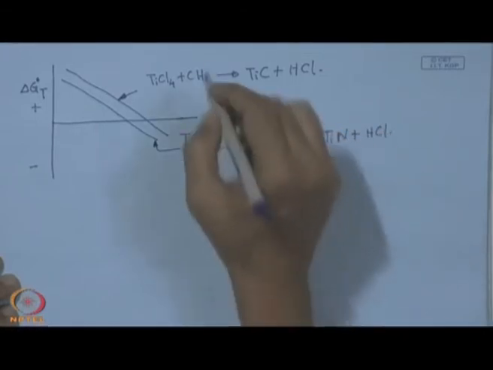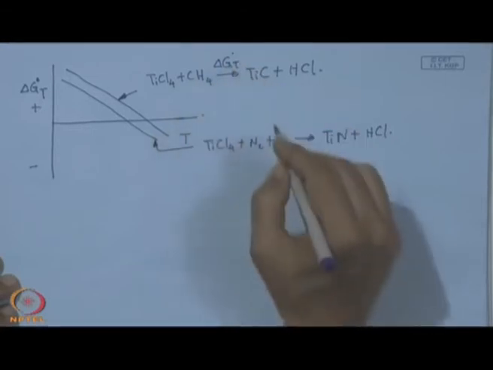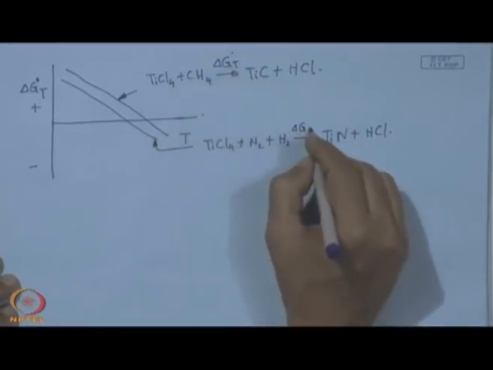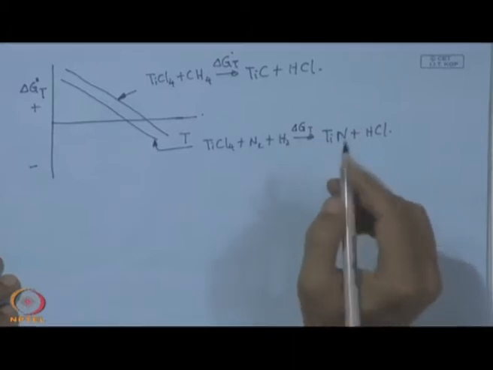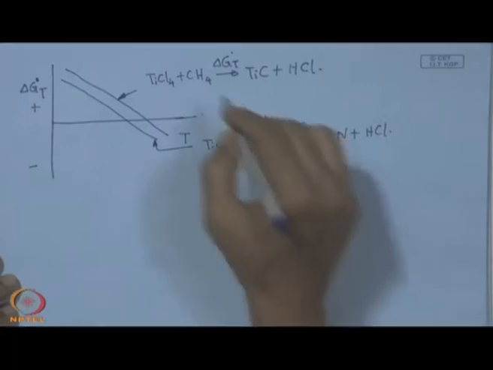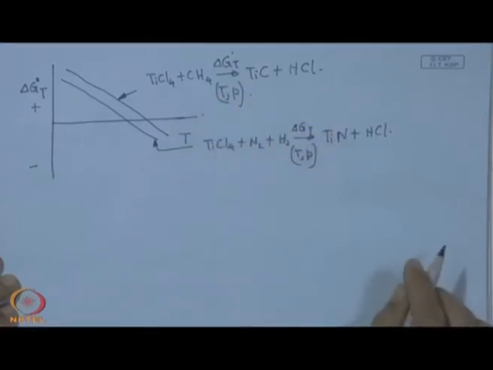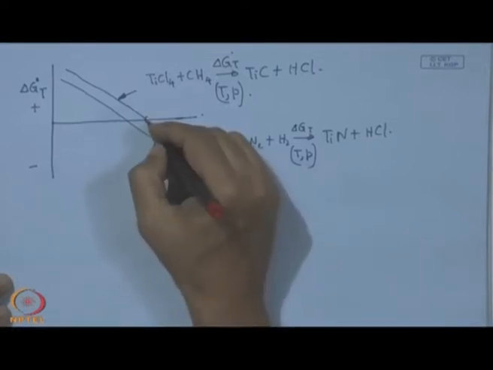Now, what is important here is this delta G0 T or delta GT, because we have a pressure which may not be standard atmospheric pressure. So, this is T and P, and here also T and P. What we understand from these two diagrams is that we have to really target these 2 points. This is for TiC and this is for TiN.